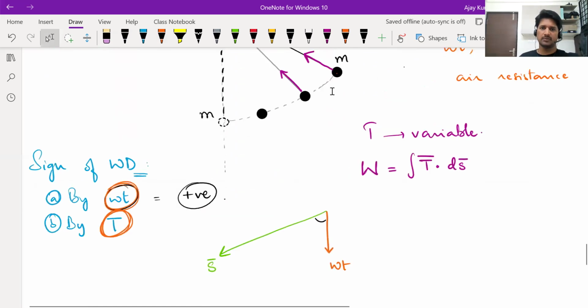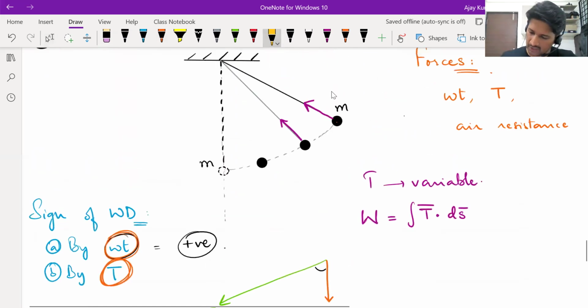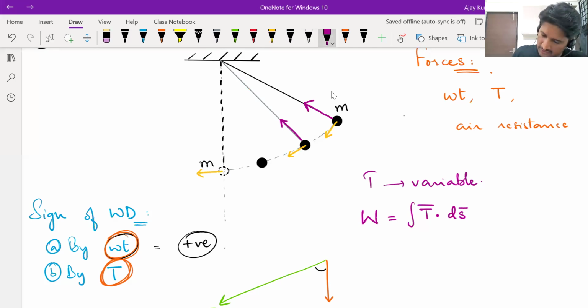So here in this problem, the small displacement here will be in this direction, tangential. Small displacement here will be in this direction. Here will be in this direction. Those are the ds vectors. So yellow vectors are ds vectors. These purple ones, violet, whatever it is, are the tension vectors.